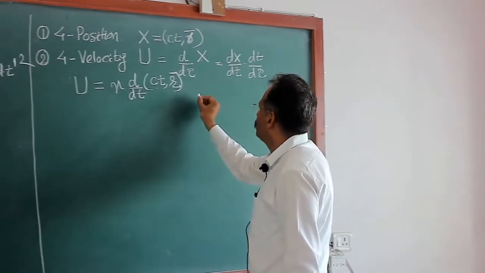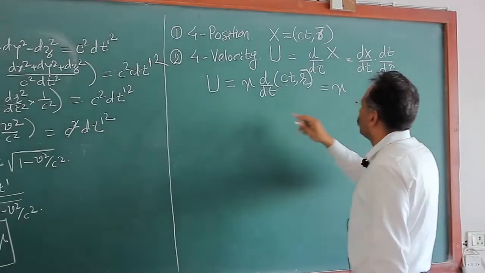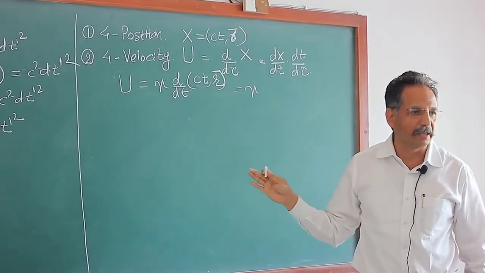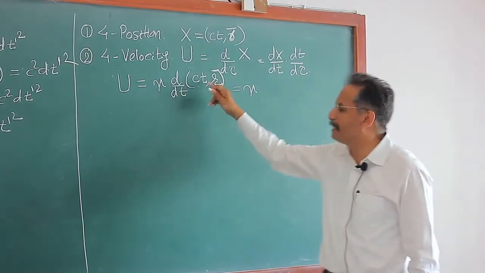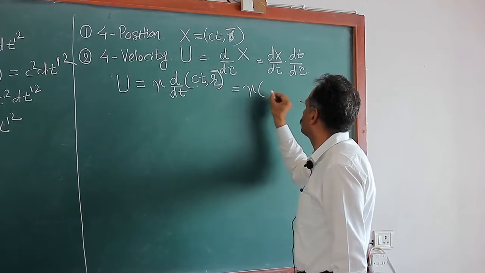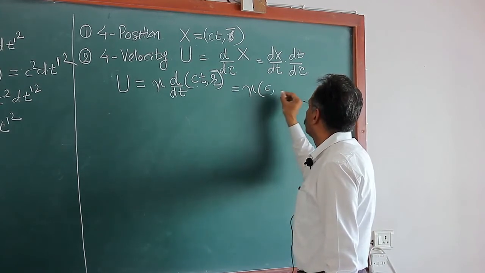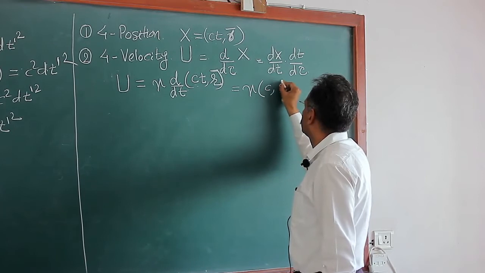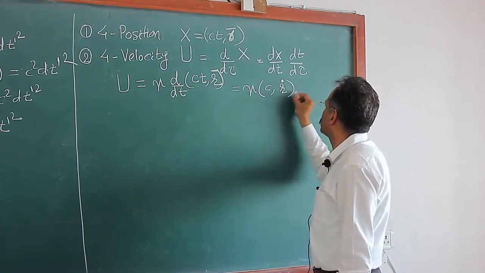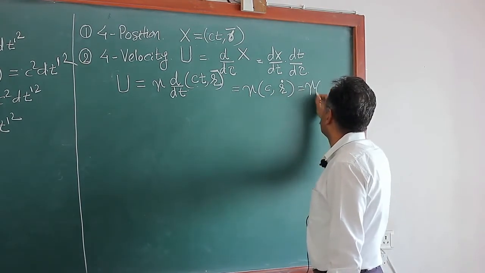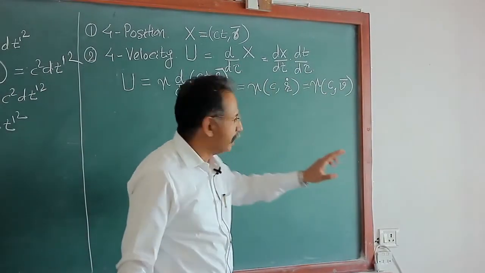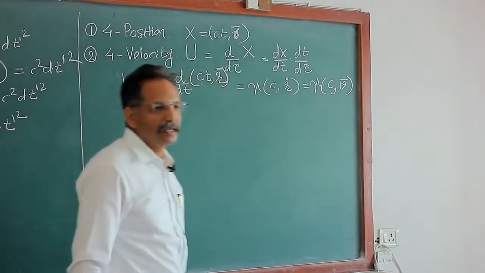This is equal to gamma times, c is an absolute constant so it is not affected by differentiation, and dt by dt will be 1. So the 4-velocity can be written as gamma times c comma r dot, that is the normal time derivative of r. So that makes the normal velocity. So gamma times c comma v bar. There are 3 components and one more component added to that, that is c.